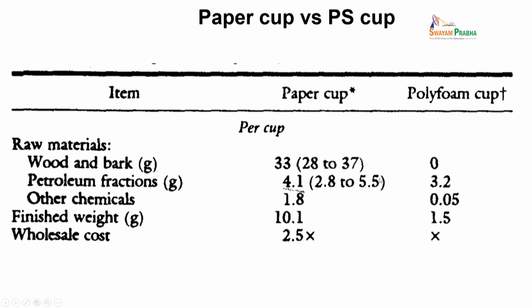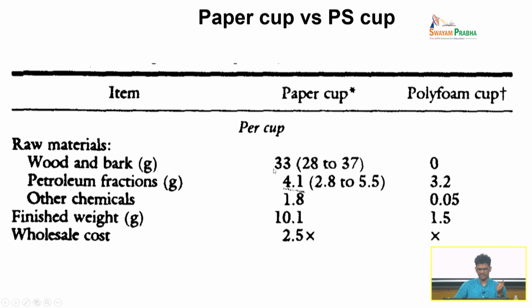So I am laying out the context: what are the things that are necessary for making this material, what are the other chemicals used in making these products, and what are the end of life options. With all this consideration, this paper talks about some comparative statements. So here, on a per cup basis, how much raw material is used?